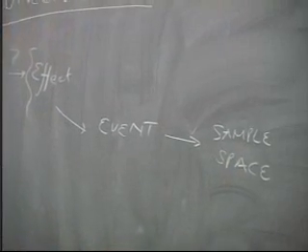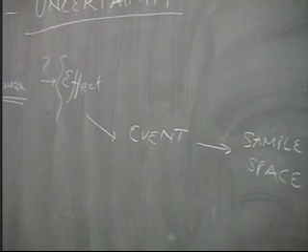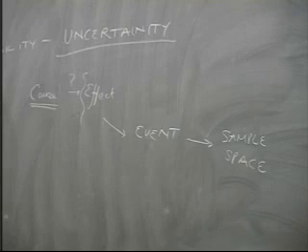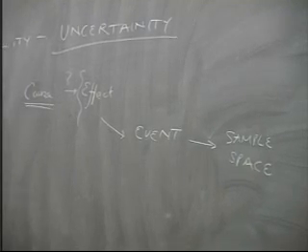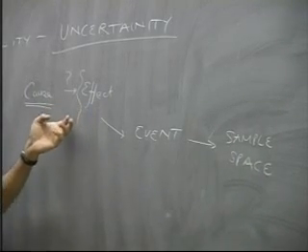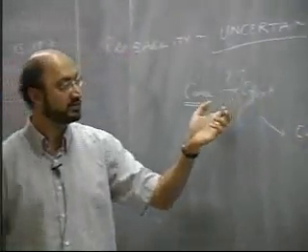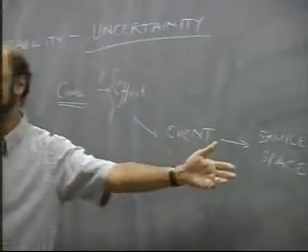So what that means is that we are able to somehow enumerate or describe in some fashion the set of all possible events that can happen, or the effects that can happen, and then we'll say that the effect is one of these events that's chosen from the sample space.